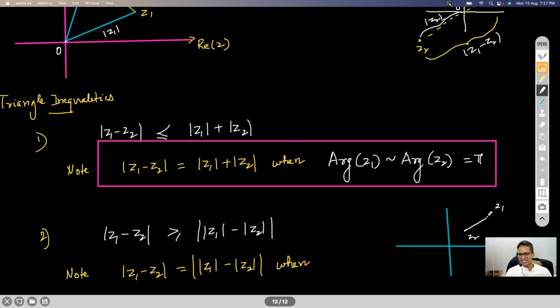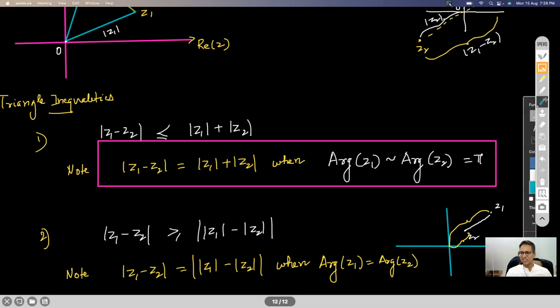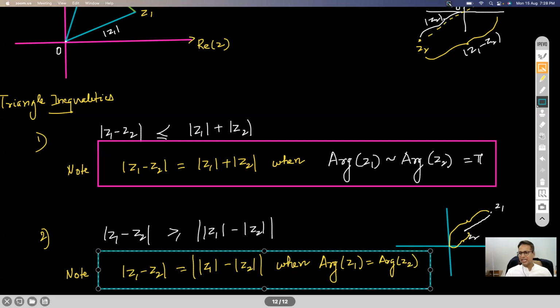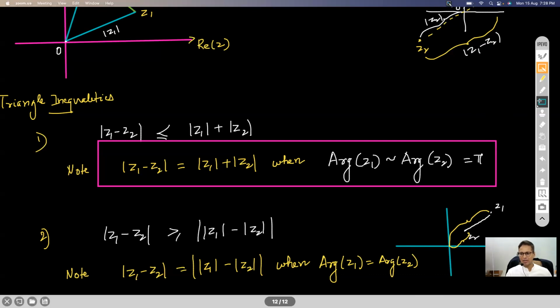So when is this distance equal to the difference of this distance minus this distance? When they have the same argument, right? I've actually made it like this so that you can easily connect to it. Understood? So, just because some of you came late, I'll summarize this, else I would not have.